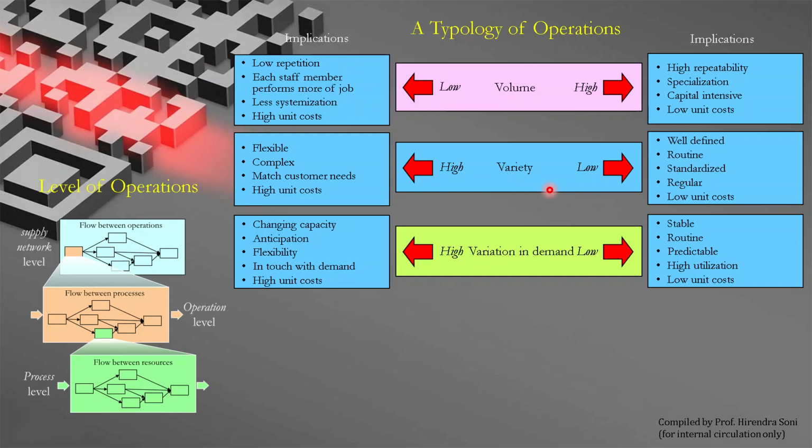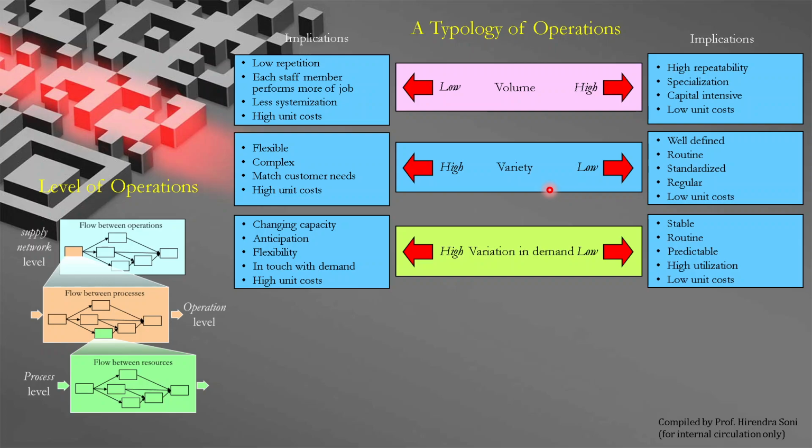Variety means the number of different variations which are required. For example, if I talk about a mobile phone, I may require a different type of phone for an X category of customers and a different type of phone for Y category of customers.